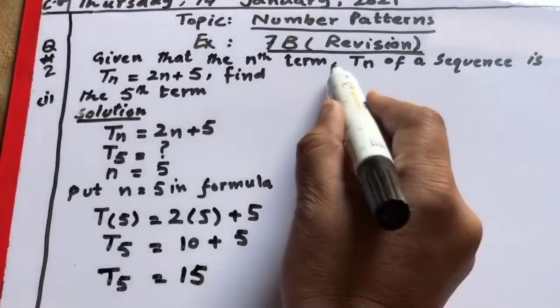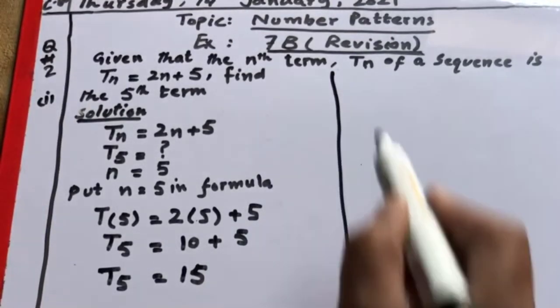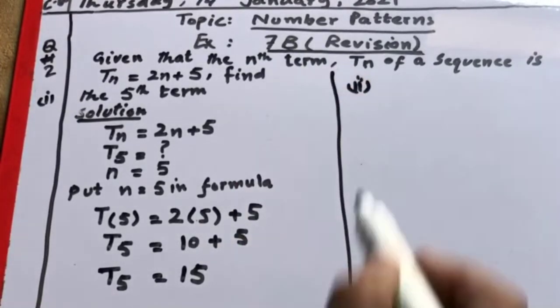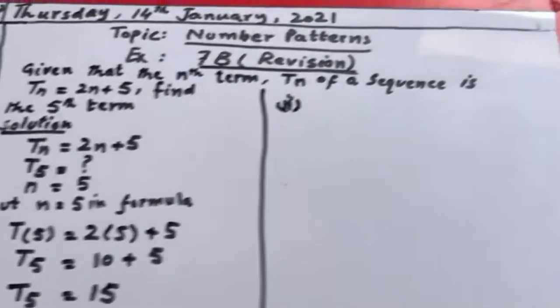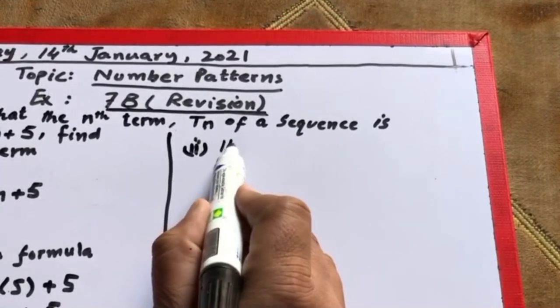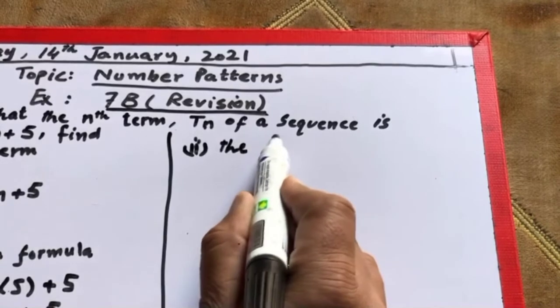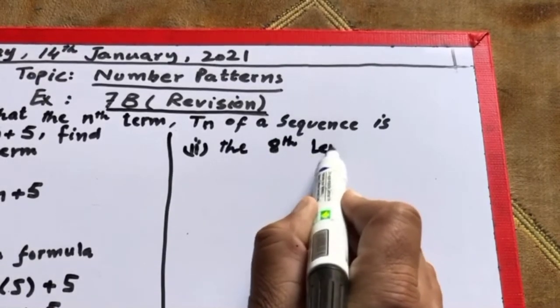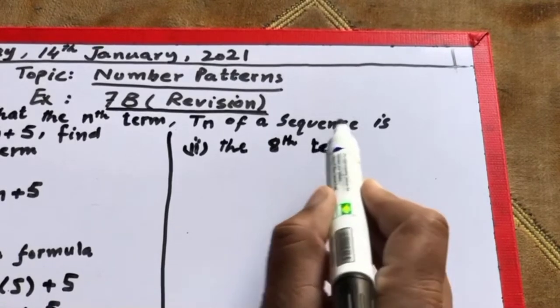Now in the second part, we are going to find the eighth term of the sequence by using the general term formula.